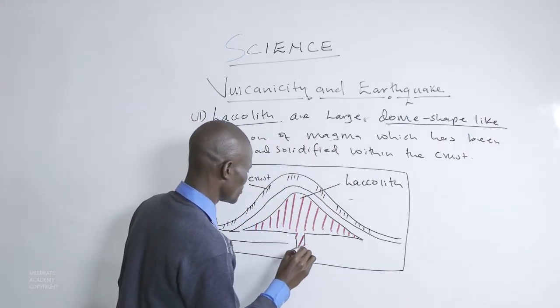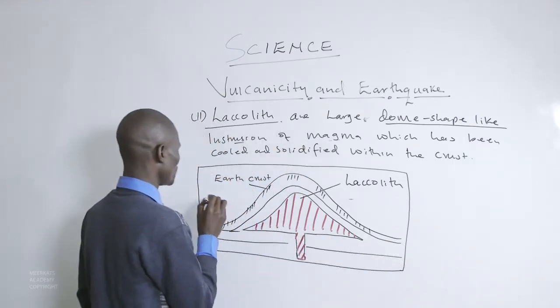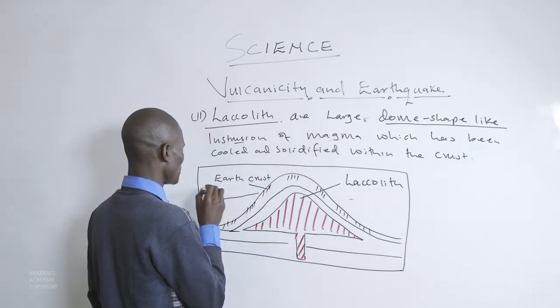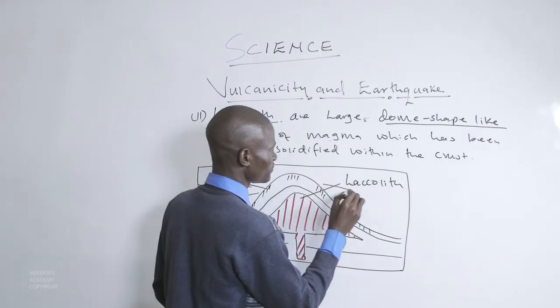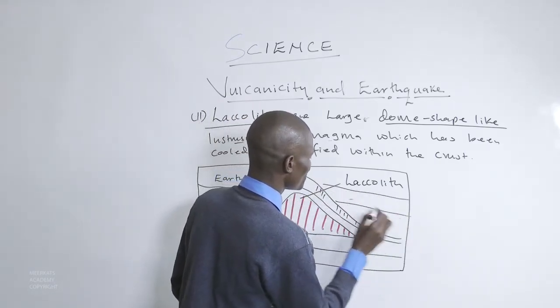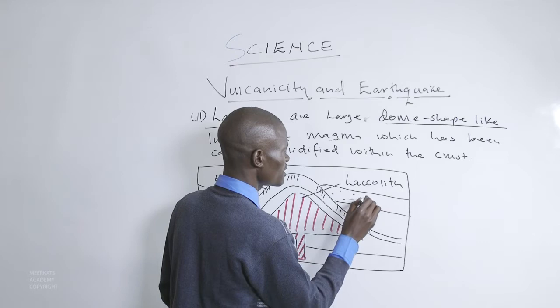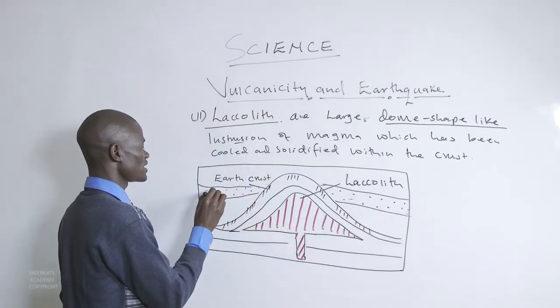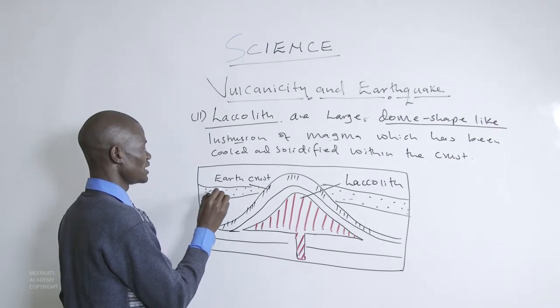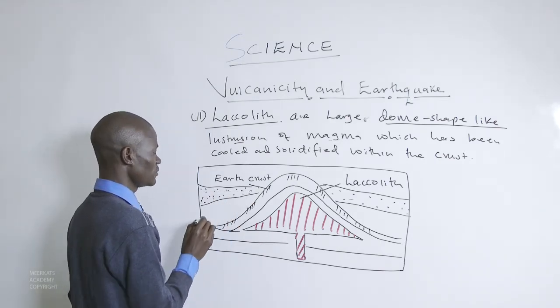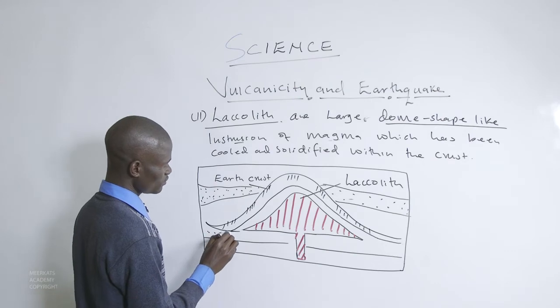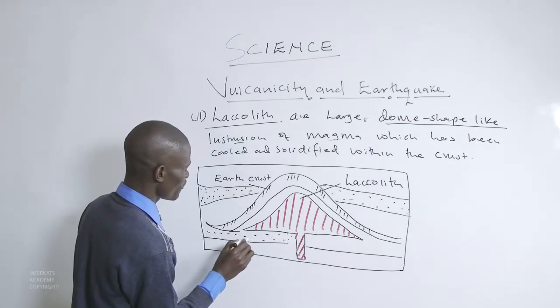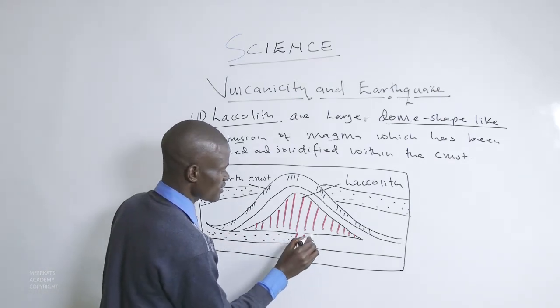Remember, it is within the bedding planes of the earth. As a result of that, the bedding planes still continue to be formed. We have always to indicate the bedding planes because it is an intrusive feature that has been formed in this process.